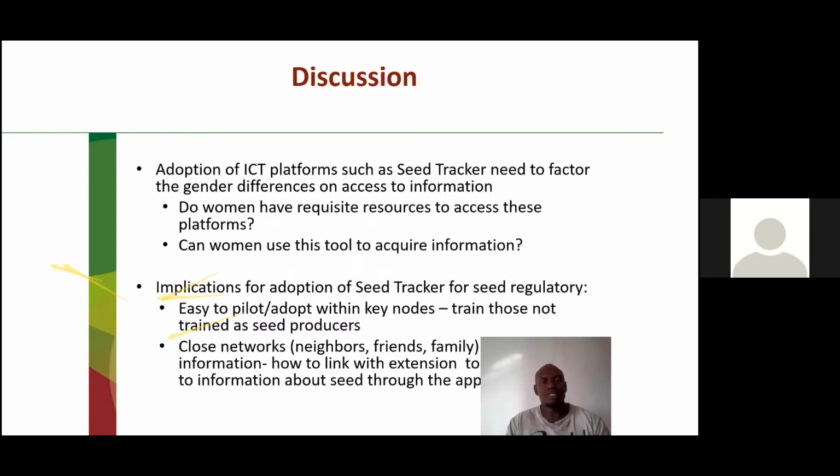And the other thing is we see that closed networks are key to information, and then we need to think how we can link this with extension so that people can access the information through the application, because one way of reaching the farmer-to-farmer networks is through building the capacities of the extension agents, so that if the extension agents are able to use this platform, then with time, maybe farmers can access the platform through strengthened extension services.